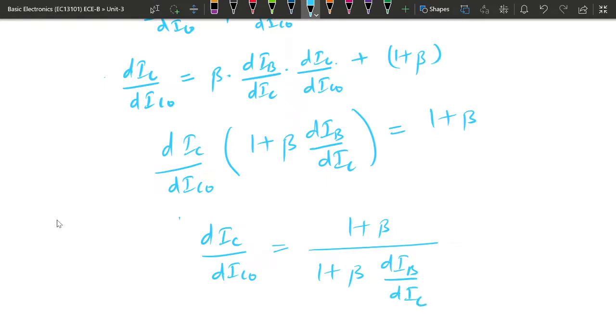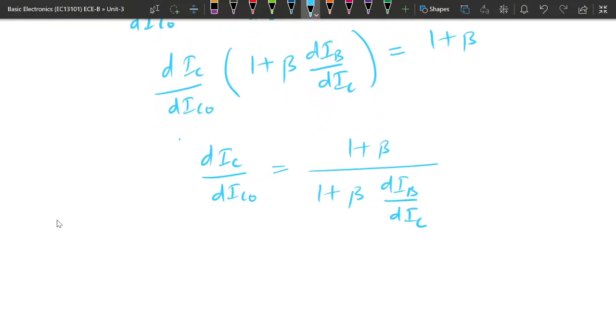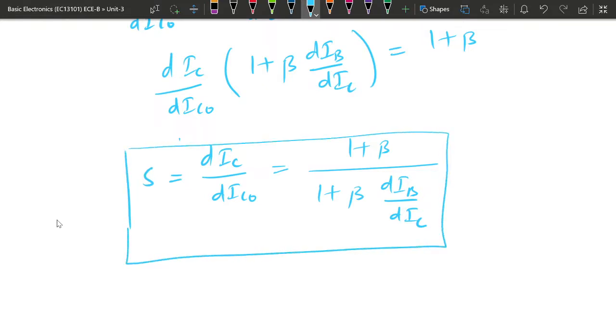So this is nothing but the S value, that means the stability. So the stability of a circuit is basically given by 1 plus beta divided by 1 plus beta into DIB by DIC.